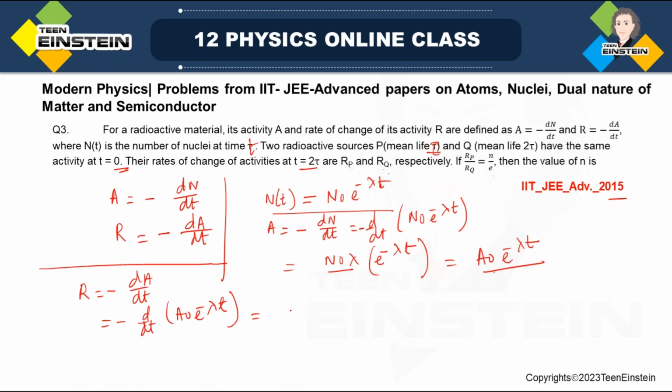So this will give you again A0 into lambda e to the power minus lambda t. I hope you agree with me. Just a simple derivative with respect to time. Let us say this is equation number 1.